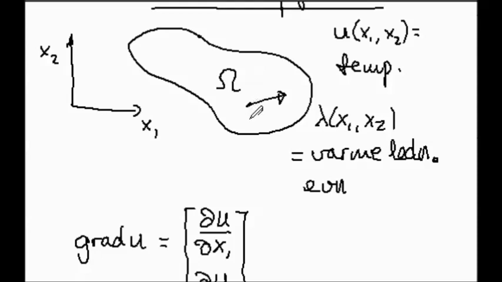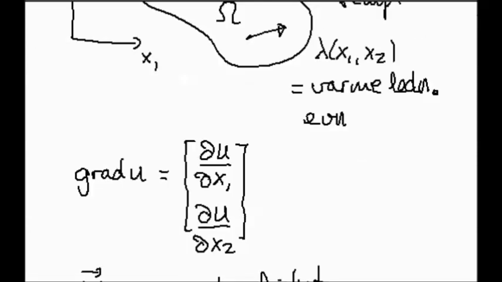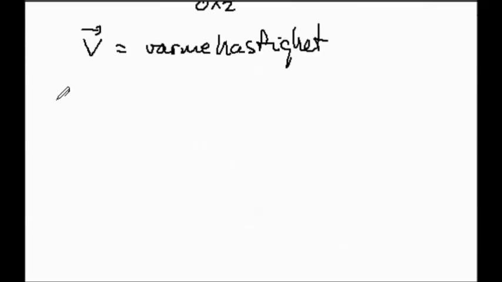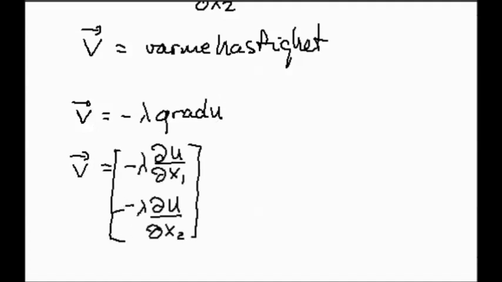We know that the heat is going in the direction of decreasing temperature. That is in the opposite direction of the gradient of U. And this motivates why the heat velocity is just equal to minus the gradient of U times the heat conductivity lambda. So the heat velocity can be written in this form.